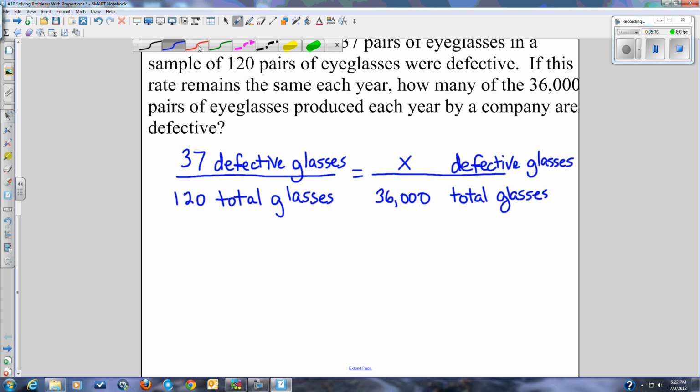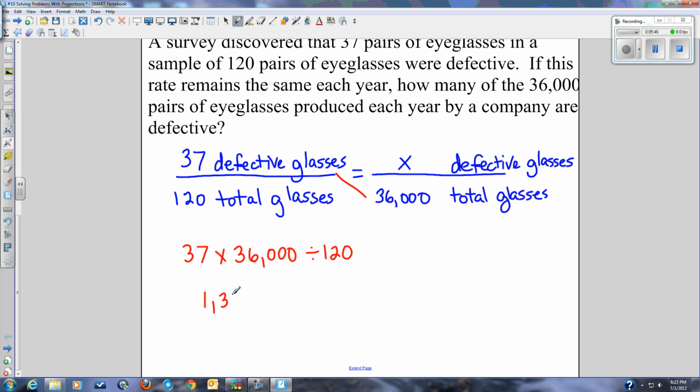And now what we're going to do is connect the numbers that we know that are diagonally located from each other, and we're going to multiply those. So we're going to say 37 times 36,000, and then divide by our third number of 120. So let's go ahead. 37 times 36,000 gives us 1,332,000.